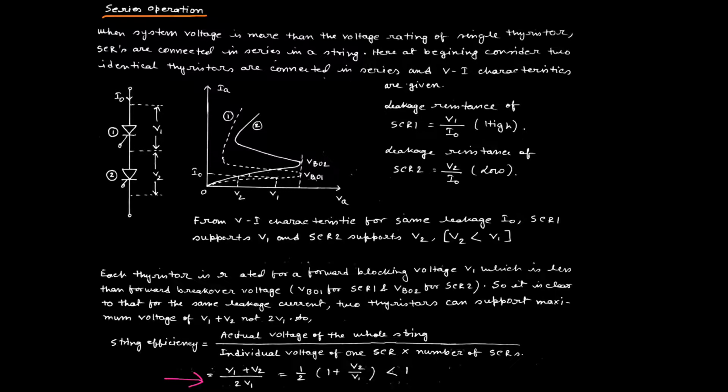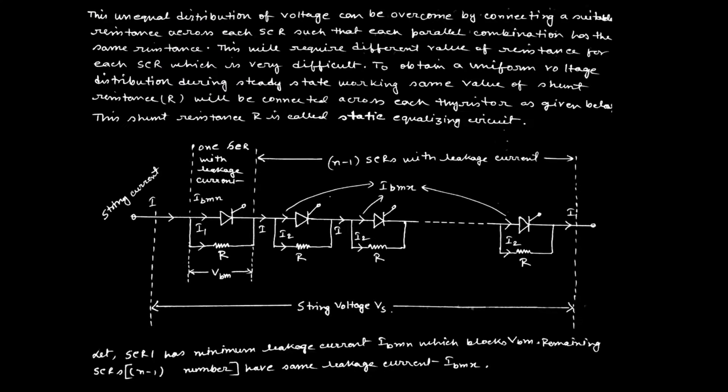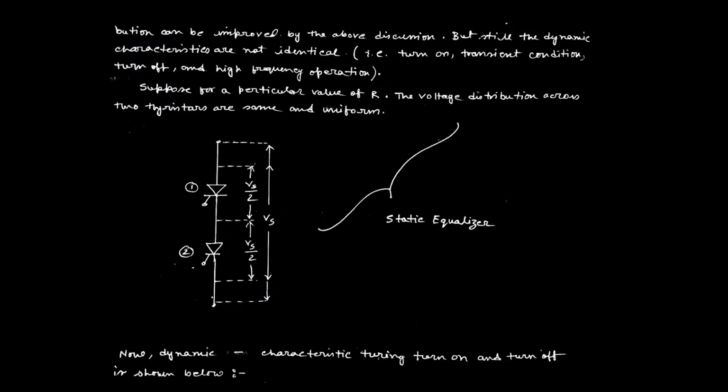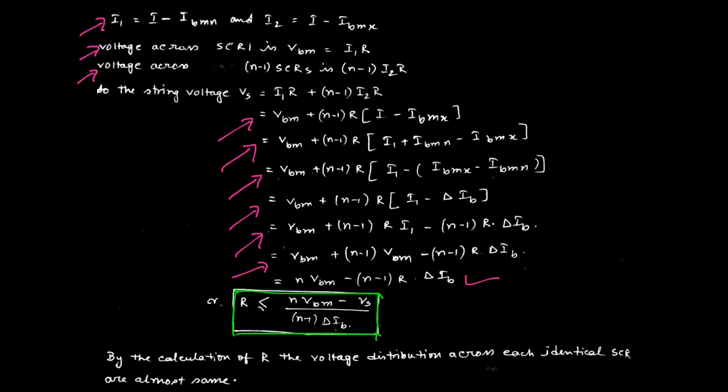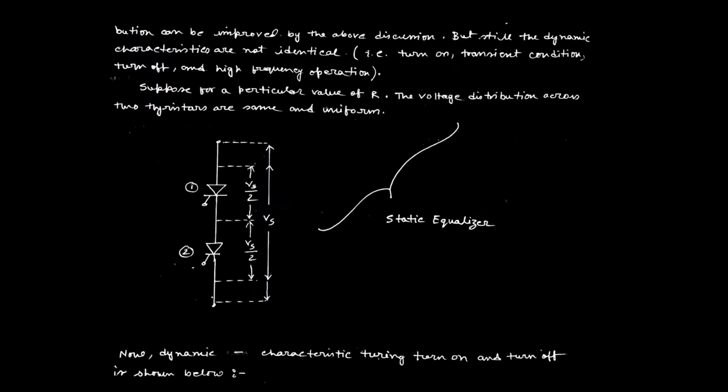But in this case, after using this particular amount of resistance across each shunt path, we can say then the voltage will be equally distributed across each SCR throughout the string. That is why in this slide we can say, by using this particular resistance value R, then the voltage is equally distributed, means Vs by 2 and Vs by 2.